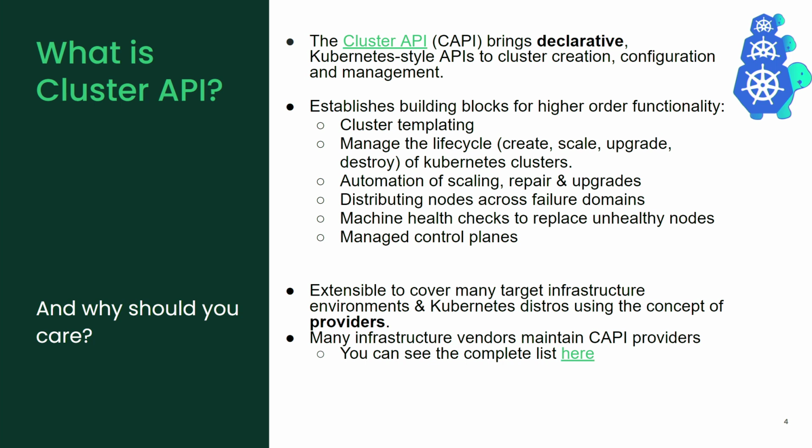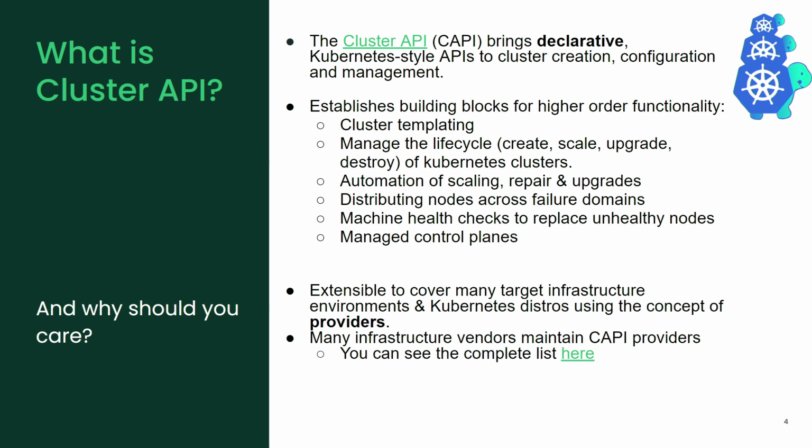And yeah, you might ask why we should care. There are lots of provisioning tools, but CAPI has lots of benefits that we see, and one of the key principles that we see is its extensibility.